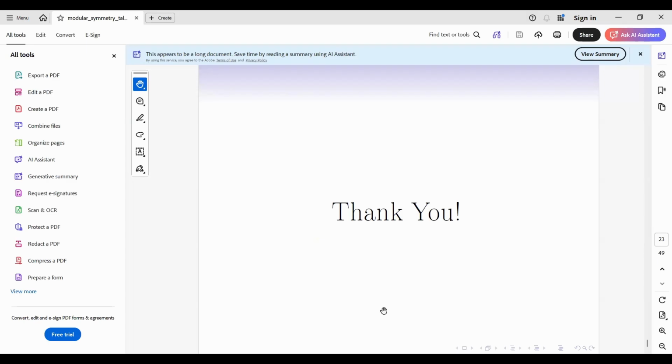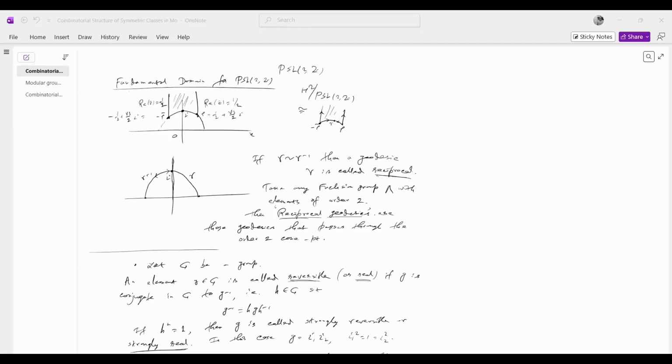I mean, one question that I have, can you go back to the geometric interpretation of these different types of geodesic classes? So you said that for the modular group, these reciprocal geodesics are those that pass through the points of order 2 and are kind of symmetric with respect to the involution at these points? So, right. Yes. So what about these other classes, these inert and ambiguous classes?